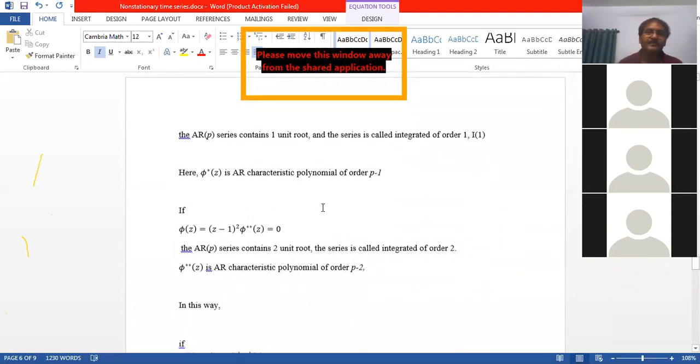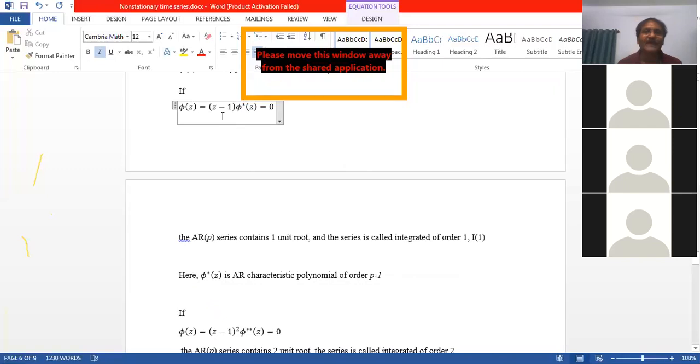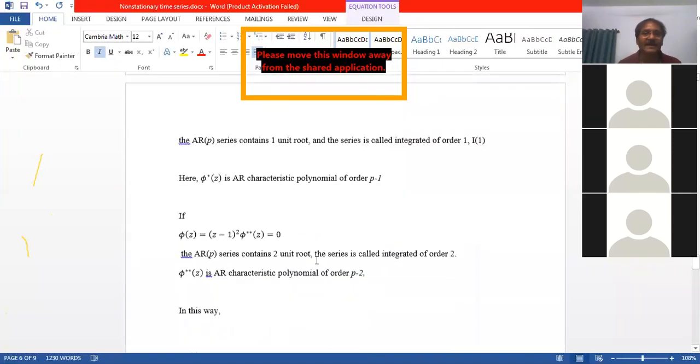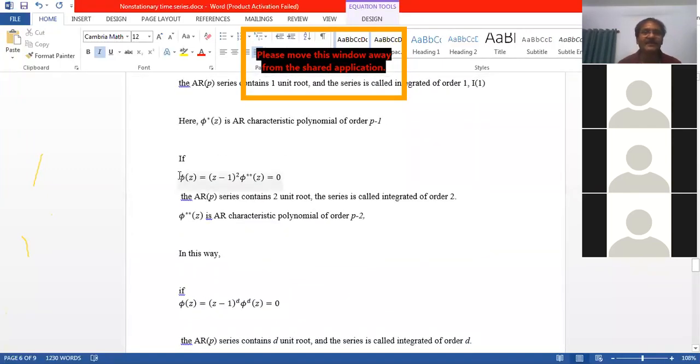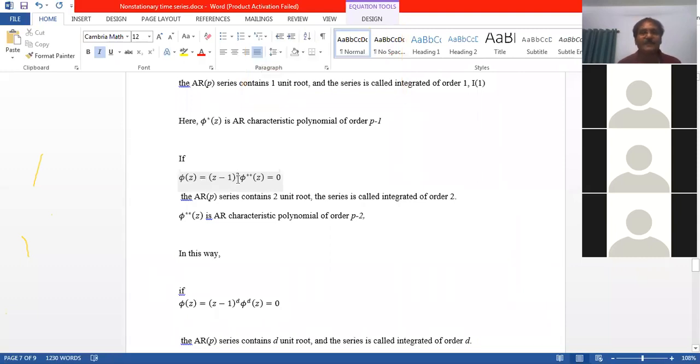Now, here we have only one unit root. Similarly, if we can express the characteristic equation for ARP in this format, phi of z is a polynomial of order p. We can factorize this polynomial as phi of z, z minus 1 whole square into the rest component. In the rest component, the polynomial will be of order p minus 2.